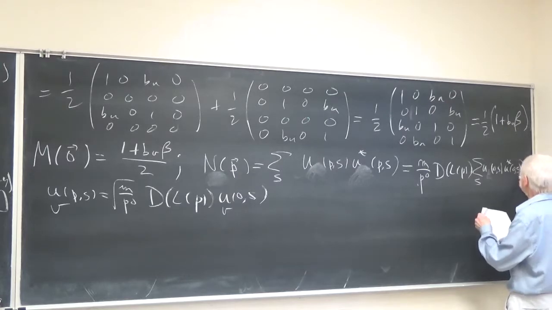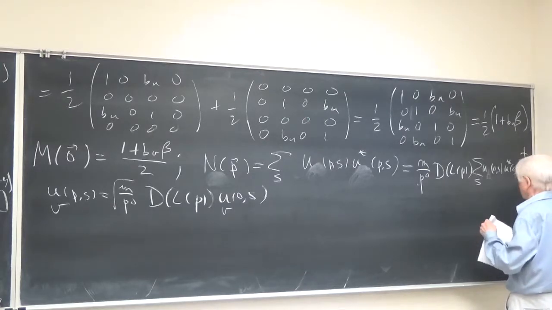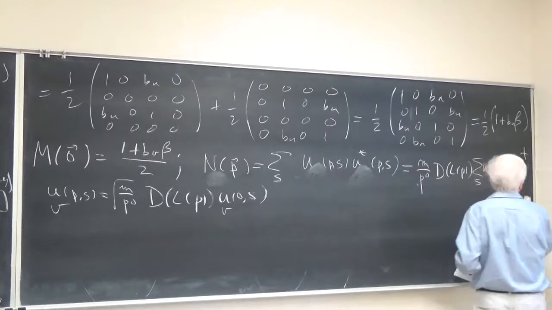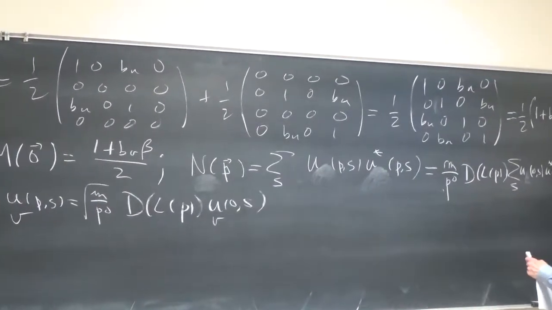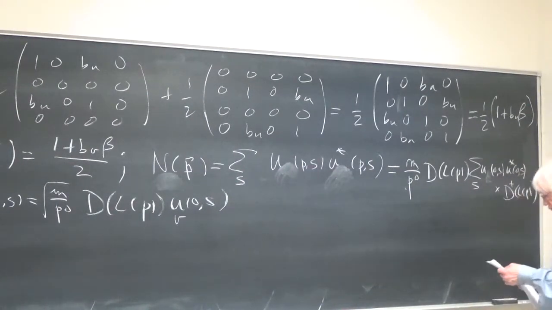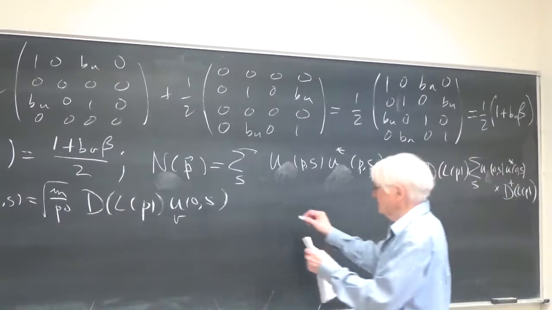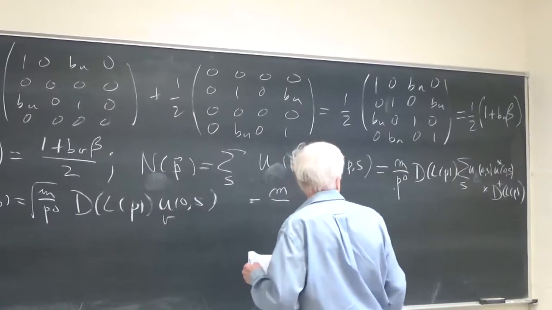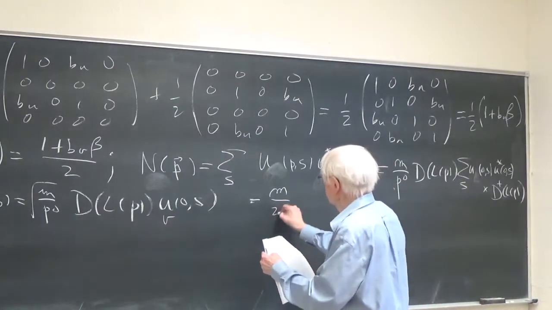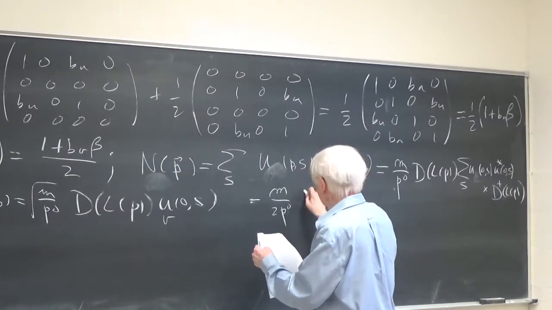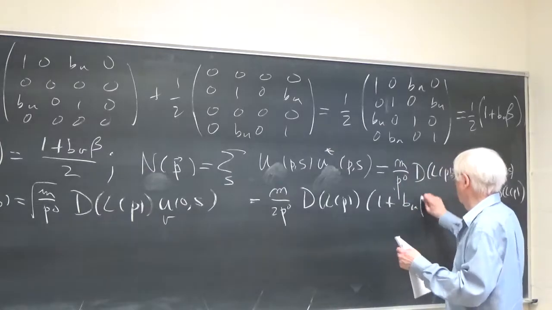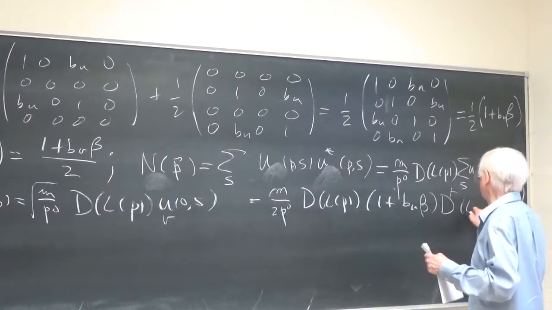And what we have here is D adjoint of L of P. And so this is M. Remember, this is a half 1 plus BU beta, so this is M over 2P0, D of L of P, 1 plus BU beta, the adjoint of L of P.